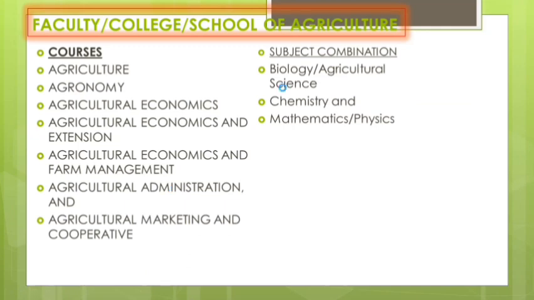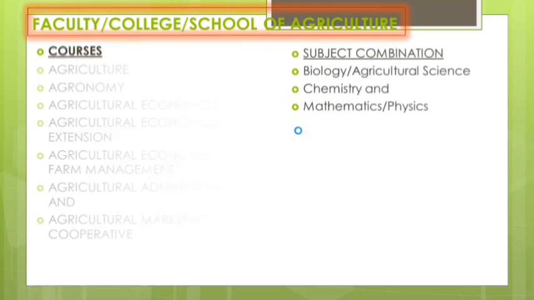Your JAMB subject combination includes biology or agricultural science, chemistry, and mathematics or physics. A candidate is to pick either biology or agricultural science, depending on the one he's good at, and he's to pick chemistry as well, then pick mathematics or physics, depending on the one he is good at. Let's look at other ones.